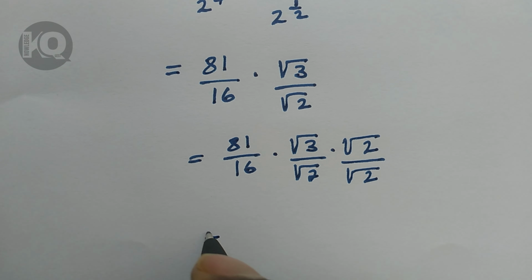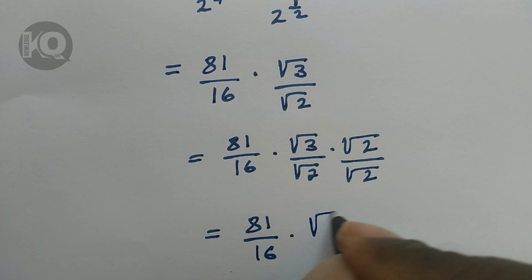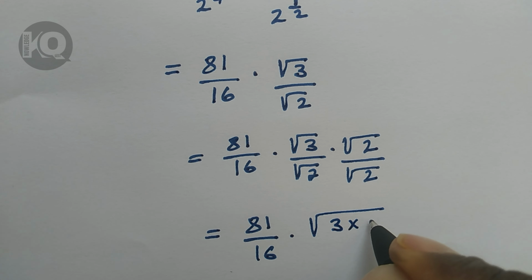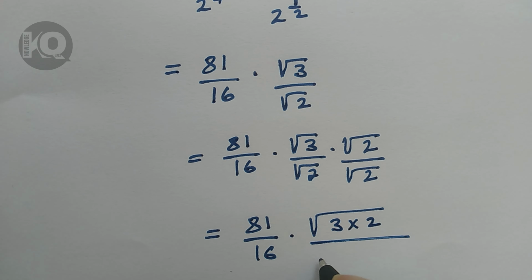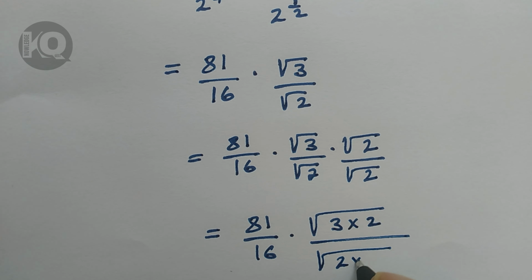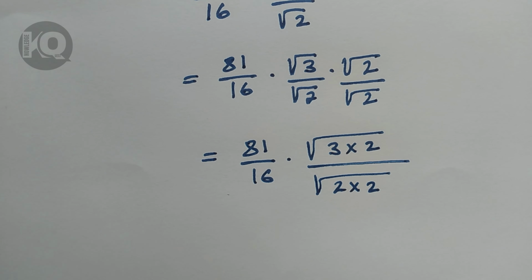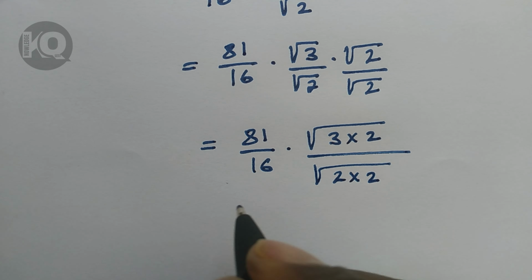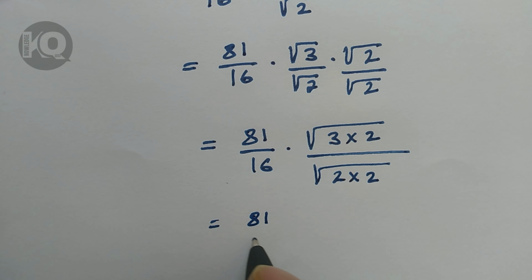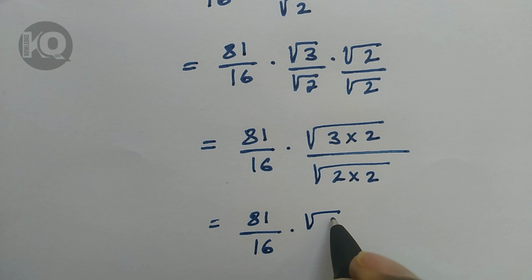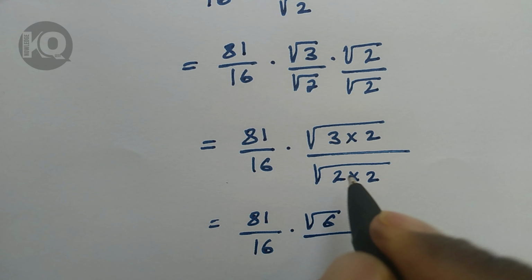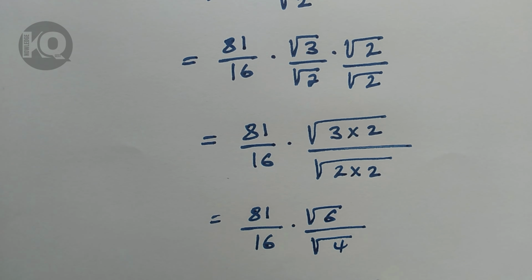So this would be 81 divided by 16 times root 3 times 2 divided by root 2 times 2. Now 81 divided by 16 times root 6 divided by root 4.